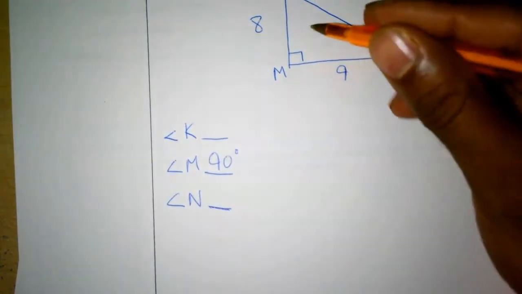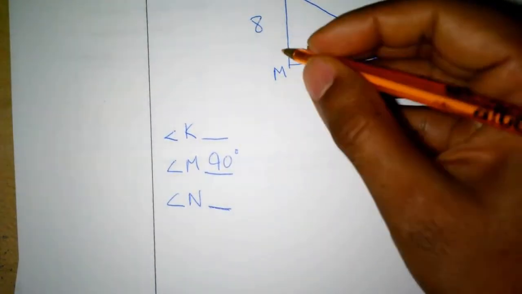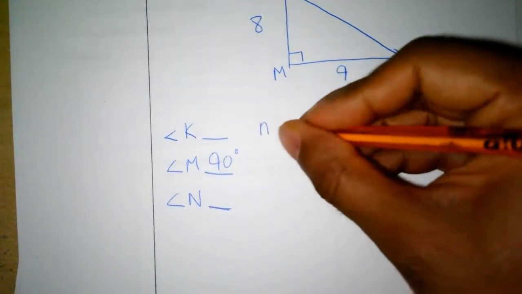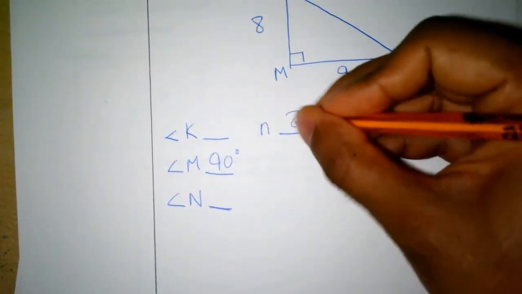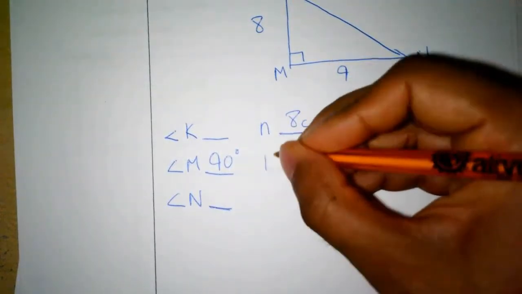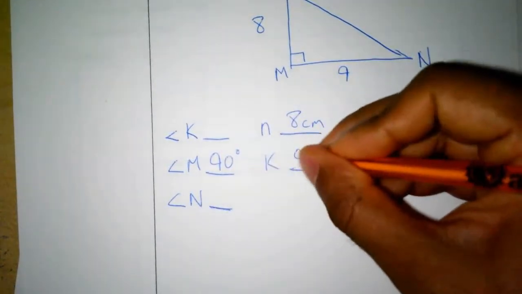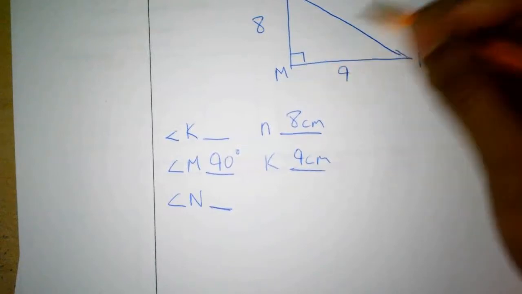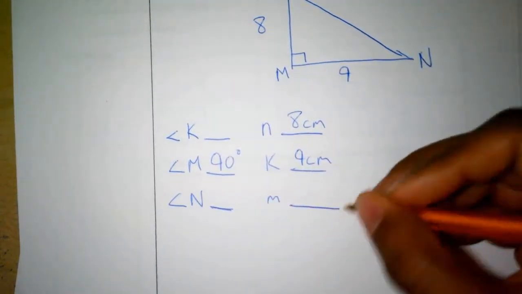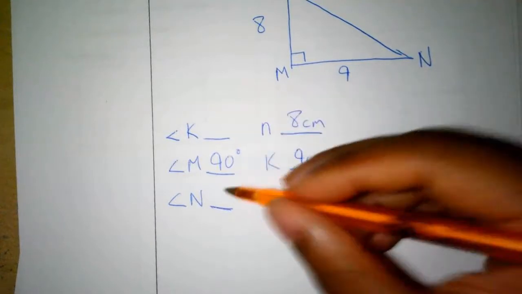Side, I guess we do have. We'll just label this as n, I guess, which is 8 centimeters. Side k is 9 centimeters. And this side m, lowercase m, across from the right angle, the hypotenuse, we don't have. So we've got to solve these three things.